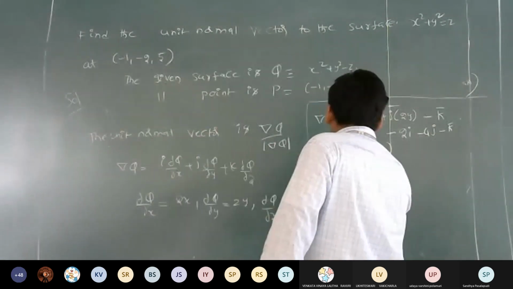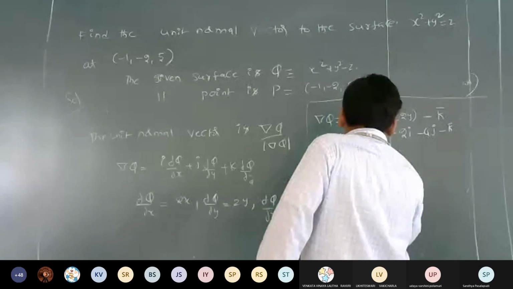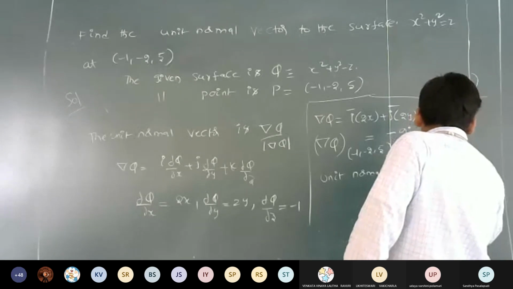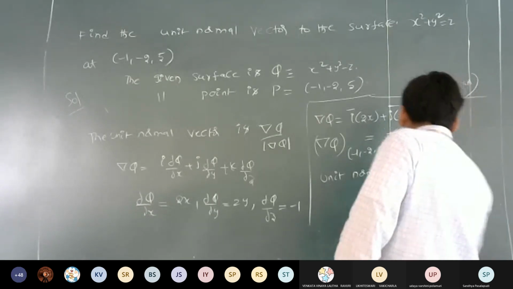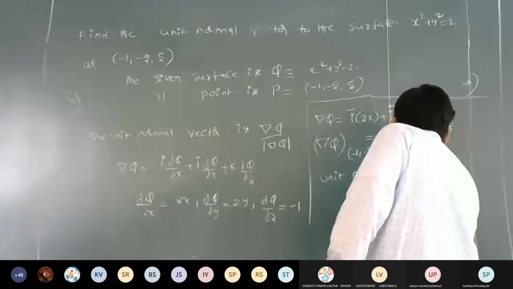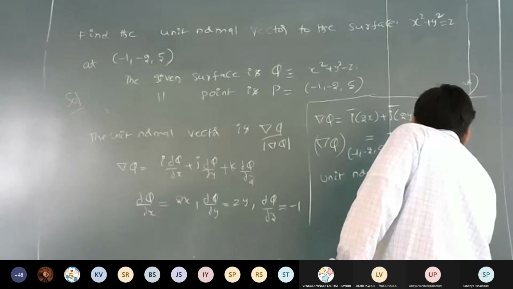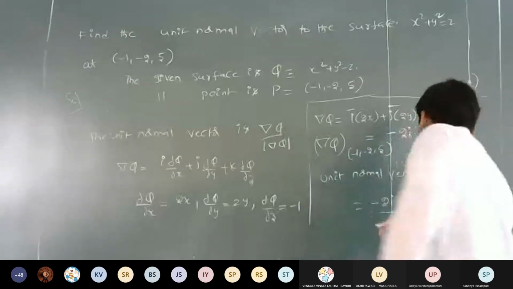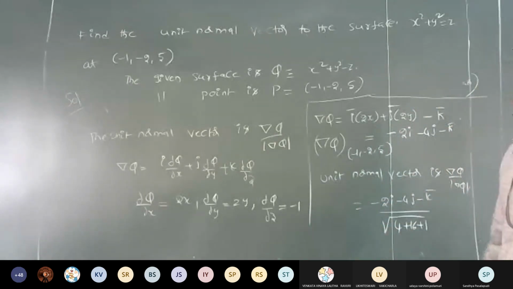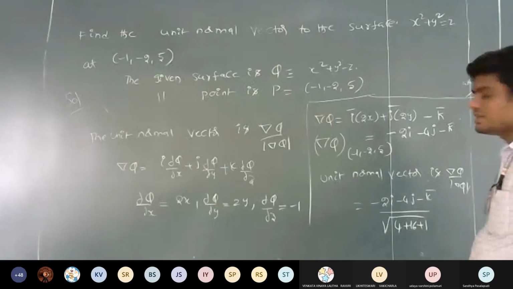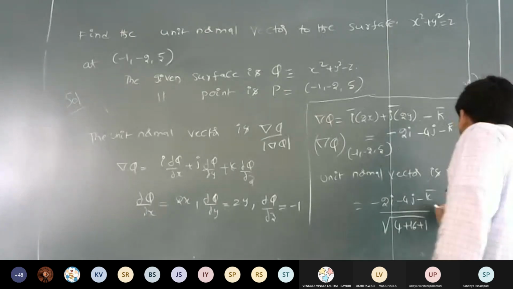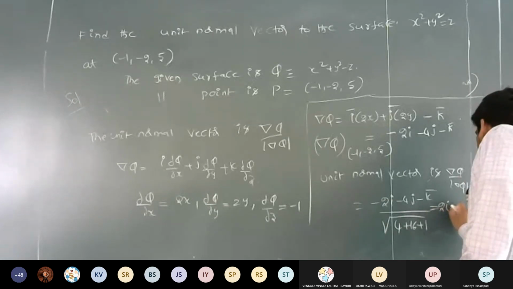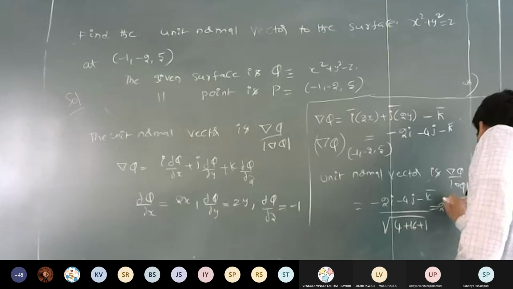Therefore, the unit normal vector is del phi by mod del phi. That is equal to minus 2i minus 4j minus k bar by the square root of 4 plus 16 plus 1. You just square the coefficients of i, j, k, so it is nothing but the magnitude.